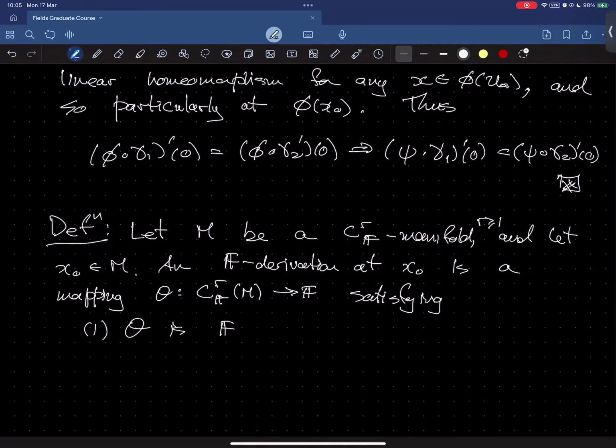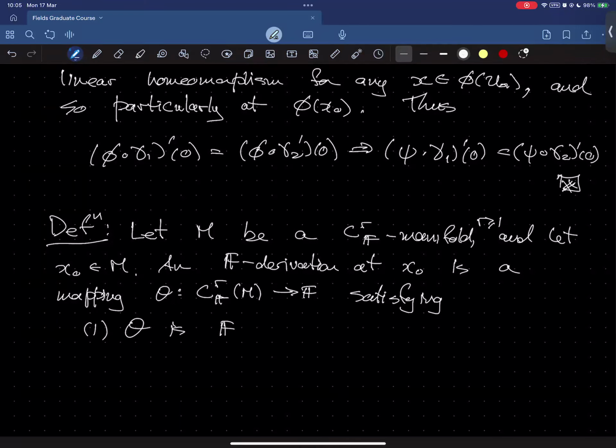Okay, so given a curve gamma at x naught, I'm going to define a mapping with the same domain and codomain as derivations.